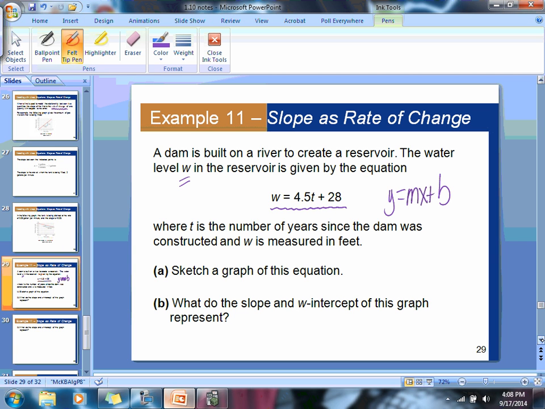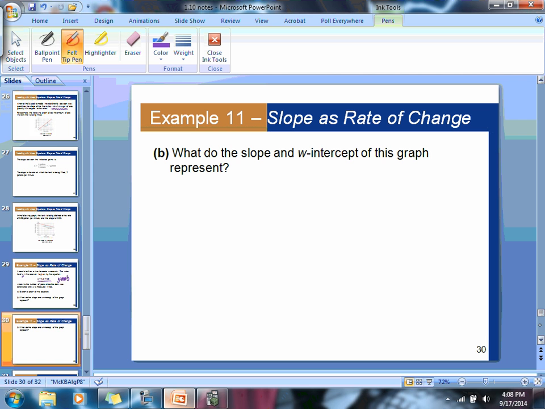So what does that intercept represent? Okay. Well, the y-intercept, or the w-intercept actually, is going to be 28. Okay. That's 28.